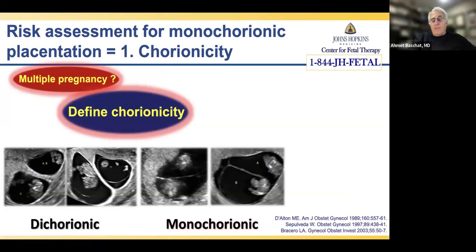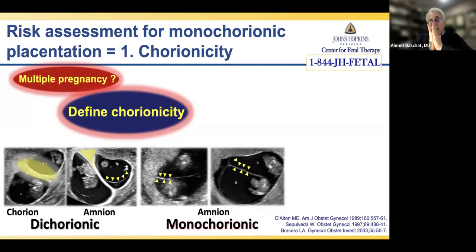So the best time to assess chorionicity is actually in the first trimester. A dichorionic pregnancy will show, you can picture the amnion, but there is typically interposed chorionic tissue that extends often between the amniotic membranes between both babies. In contrast, in a monochorionic twin, the amnion of both babies coalesces, is thinner, but seemingly inserts directly into the placenta.